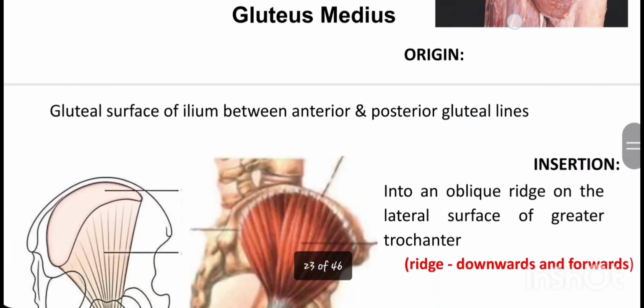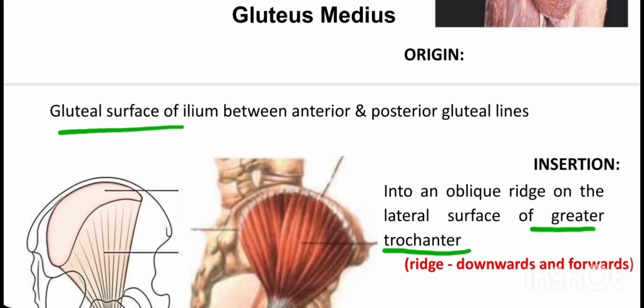Coming to the gluteus medius muscle, it arises from the gluteal surface of the ilium and gets inserted into the greater trochanter. These origins and insertions are somewhat important, so just know where it arises, any one side, and where it gets inserted.